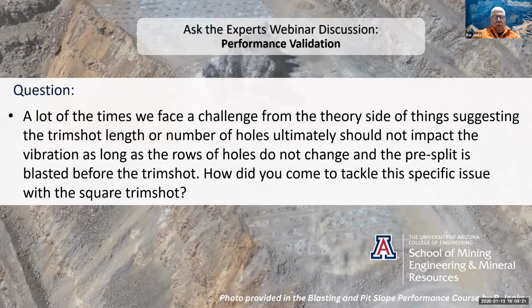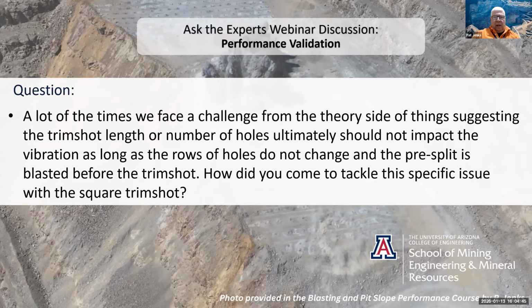But when we look at the performance of those trim patterns, for example, we want to understand that performance across the structures. Are we dealing with one alteration type of material? Is there a structure that the pattern crosses, and does it behave differently on either side of the pattern?